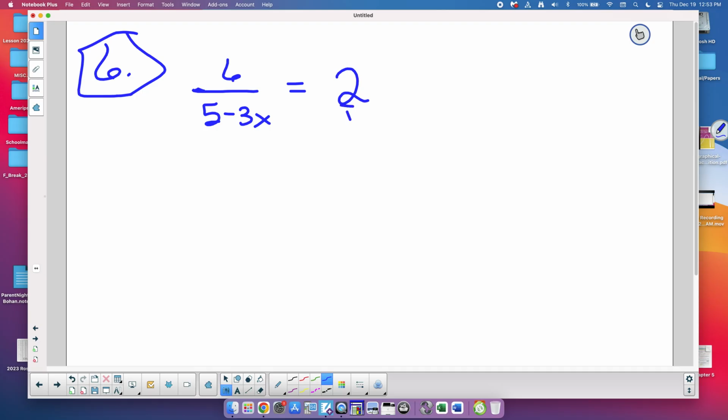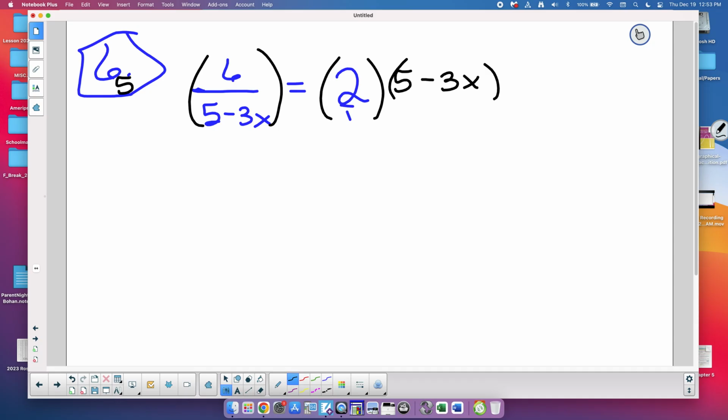What's the common denominator if this is your denominator and that's your denominator? 5 minus 3x. Move it over first? No, you're thinking inequalities. That's why I wanted to do this one. 5 minus 3x times this.